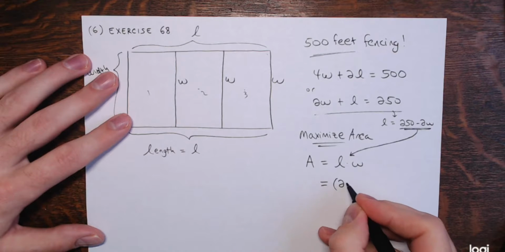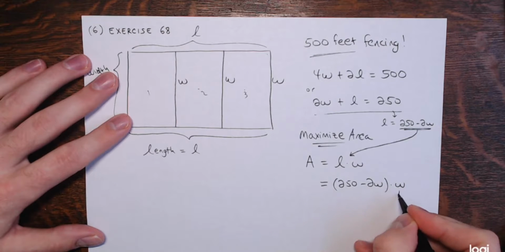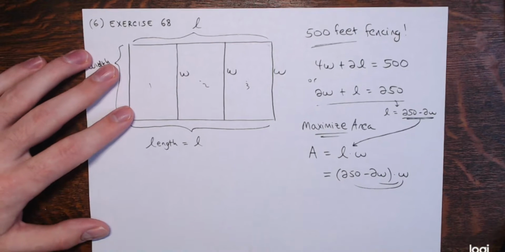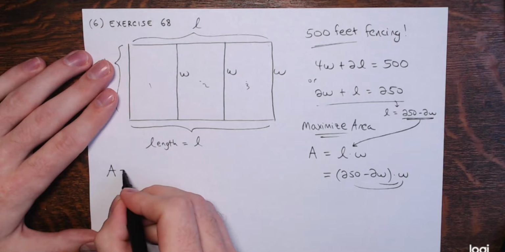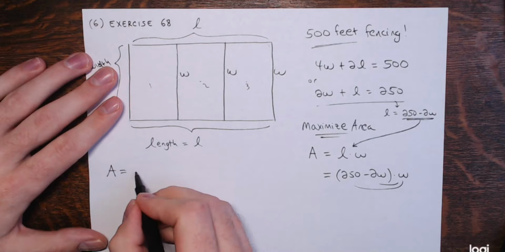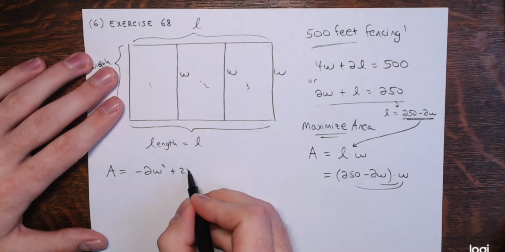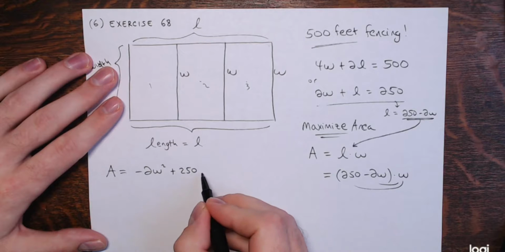So now I have 250 minus 2W times W, and if you distribute the W, you can see now that area is a quadratic function of W. It would be negative 2W squared plus 250W. And I'm just putting it in highest to lowest power, in that general form.